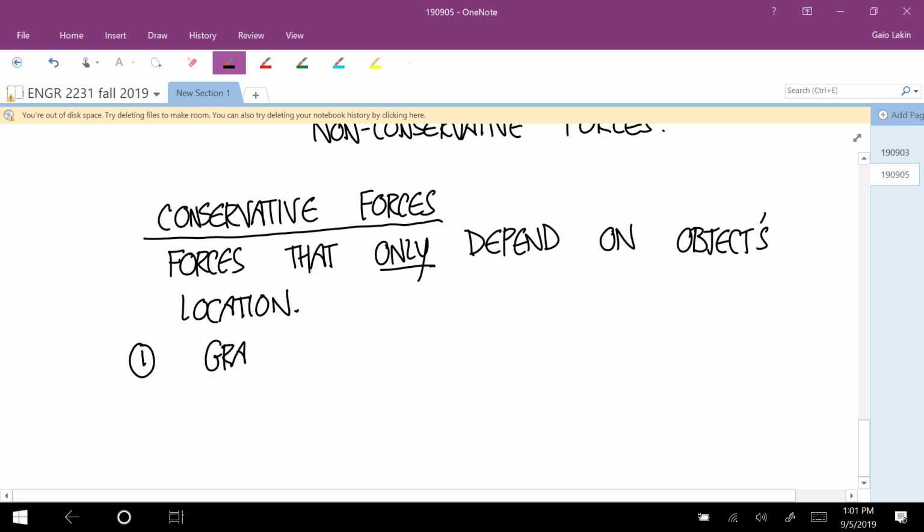Gravity. Elastic forces. I'm going to just say spring forces, but really it's true of any elastic materials.